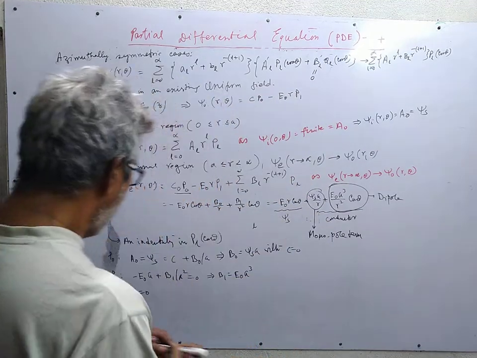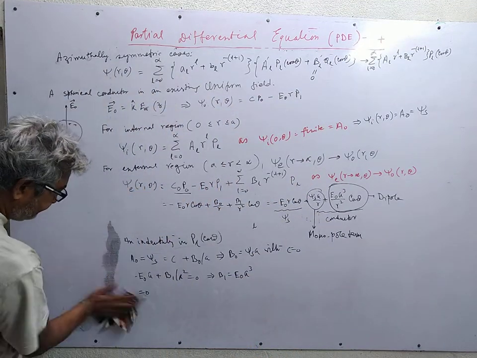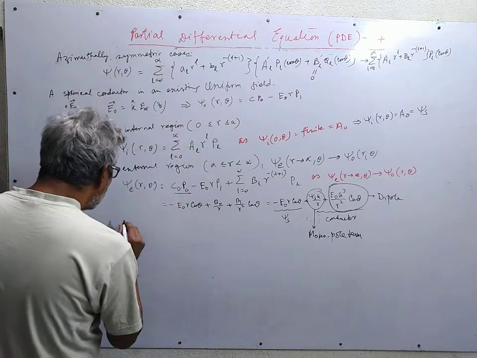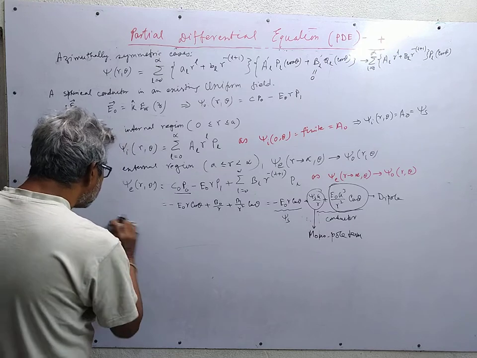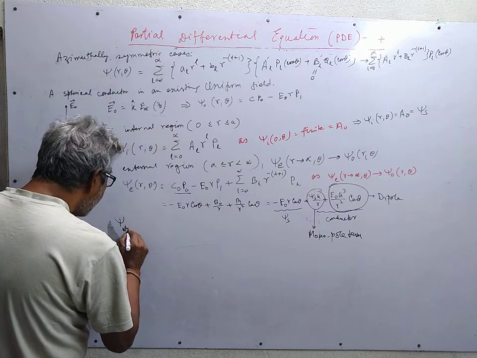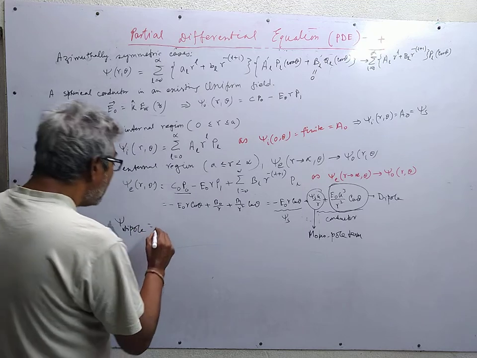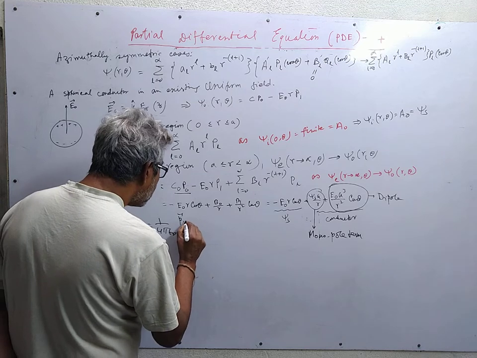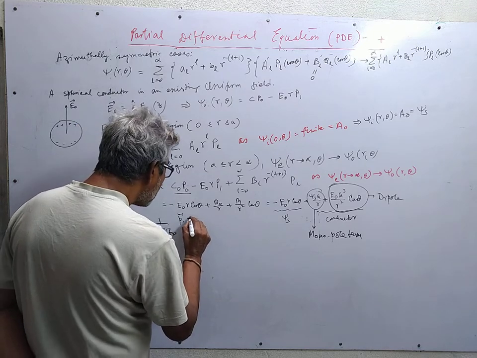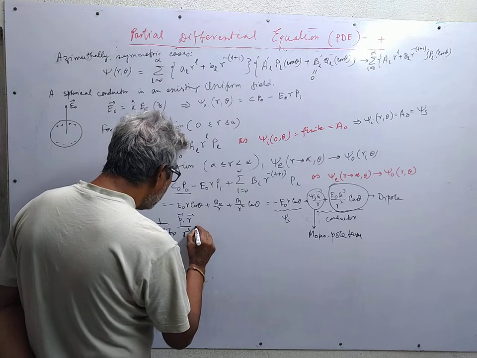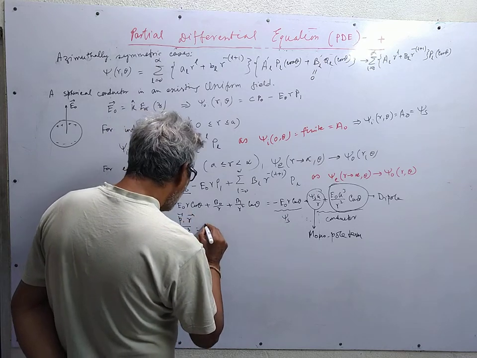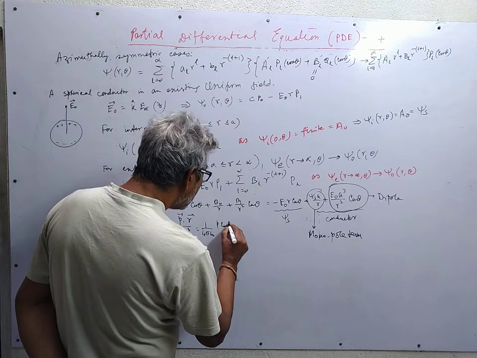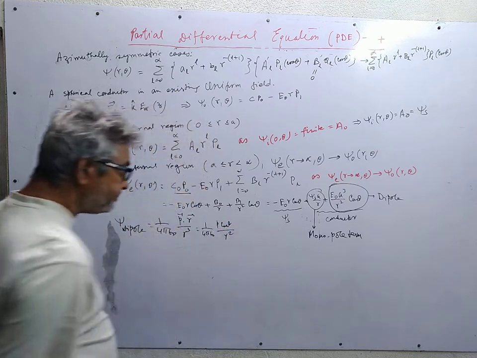We can get the dipole moment from here. Recall that the dipole potential is given by 1/4 pi epsilon naught P dot R by R cube, which becomes 1/4 pi epsilon 0 P cos theta by R square.